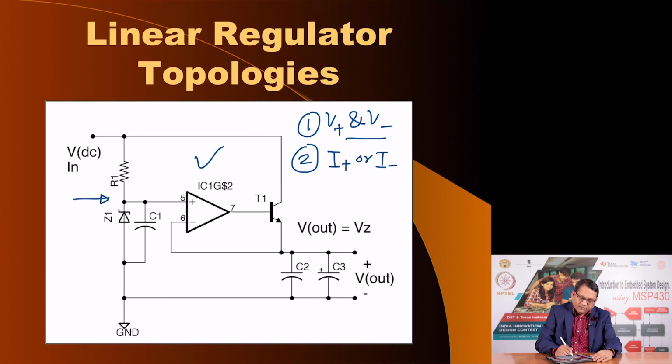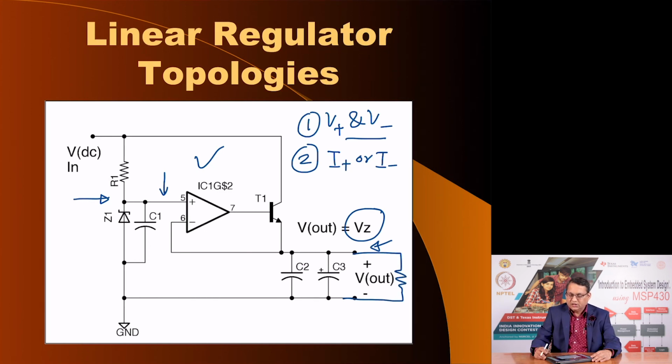Therefore, if the non-inverting terminal has a voltage equal to Vz, the circuit will ensure that the inverting terminal also is equal to Vz, which means the output is equal to the Zener voltage. And the amount of current that you would want to draw from the output terminal, because after you connect the load it will draw some current, will be handled by the transistor.